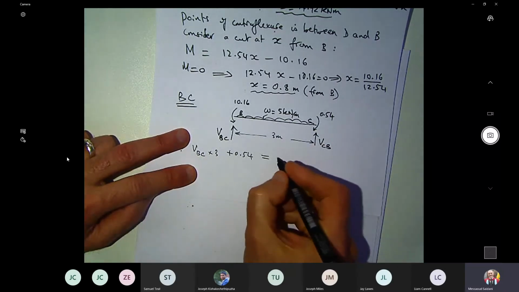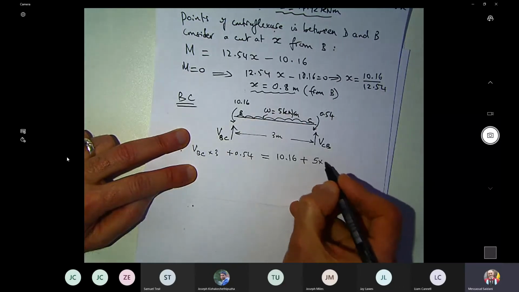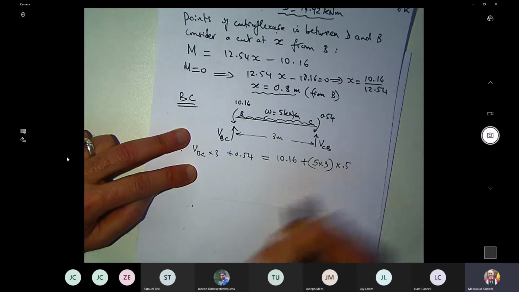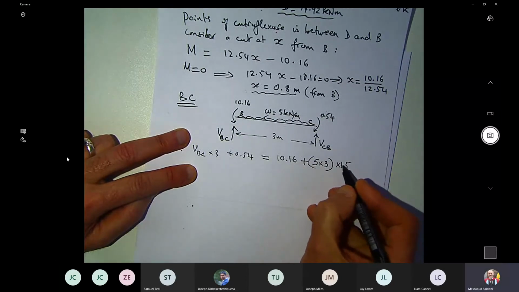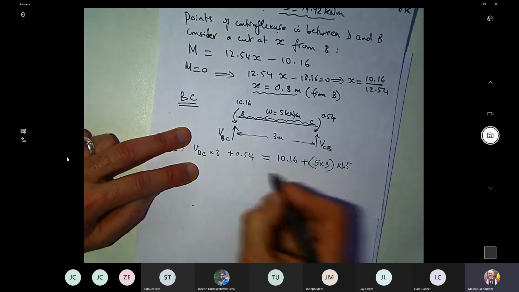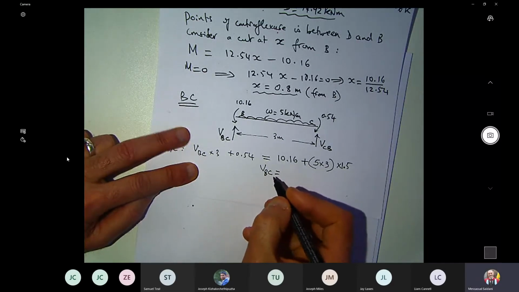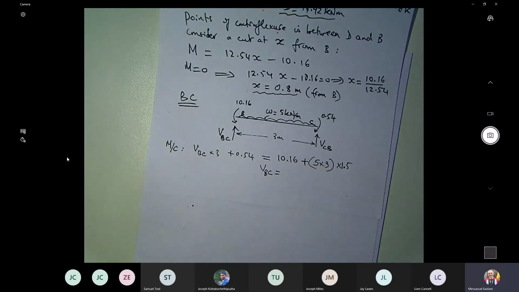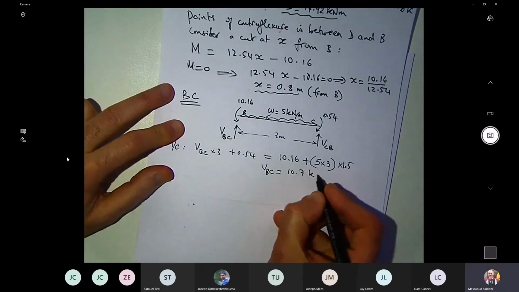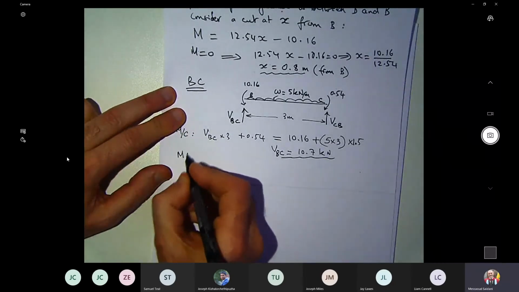Anti-clockwise we have 1016 plus we have the UDL, which is 5 times 3 times 1.5. I think the answer I've got, if you can check it, please, is 10.7 kilonewtons.